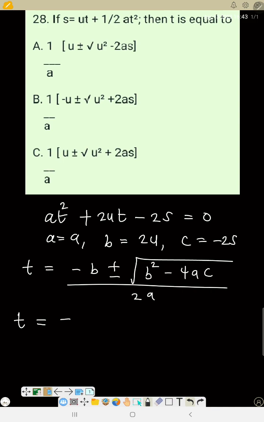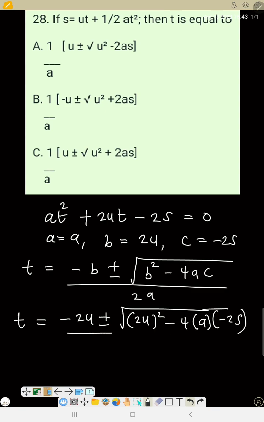So minus b, that will be minus 2u, plus or minus square root of b squared, that will be 2u squared, minus 4ac, that will be 4 bracket a bracket c, that is minus 2s, everything over 2a. a remains as a.